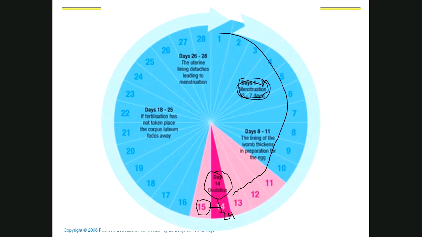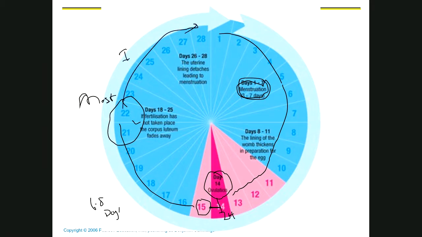And then remember, it takes 6 to 8 days to get to the uterus. So if we add another 6 to 8 days, here we are right here. This is where the embryo enters the uterus. And so right here is where it should be the most hospitable, the most prepared. And then here we get implantation and development. And if it doesn't happen, it's going to slough off again.